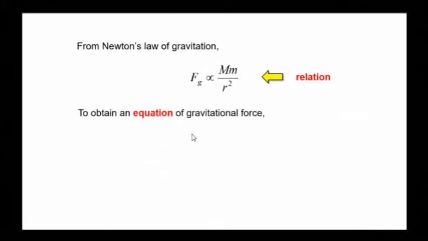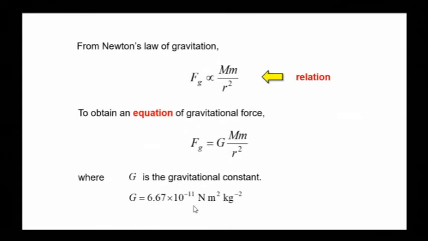To obtain an equation of gravitational force, we need to multiply the relation with a constant value G, where G is the gravitational constant and the value is 6.67 times 10 to the power of negative 11 newton meter square per kilogram square.